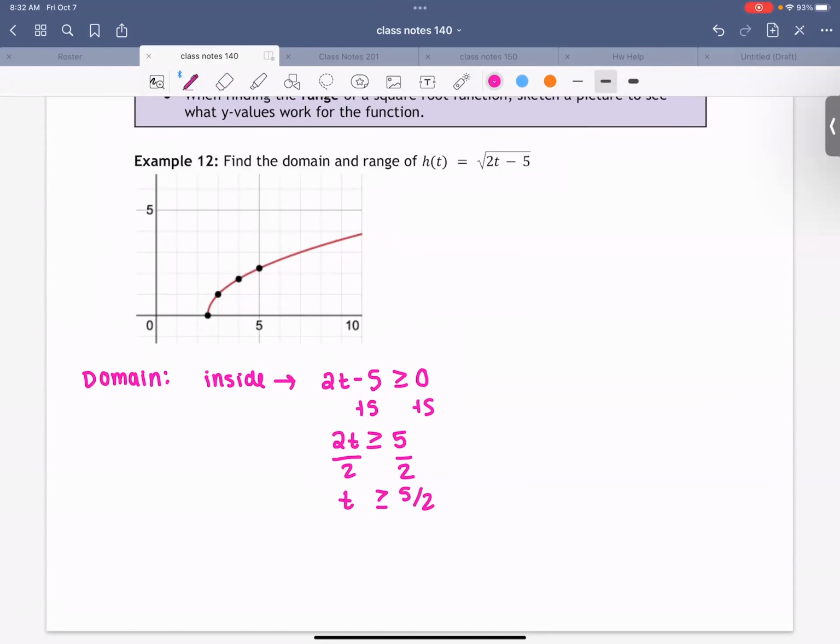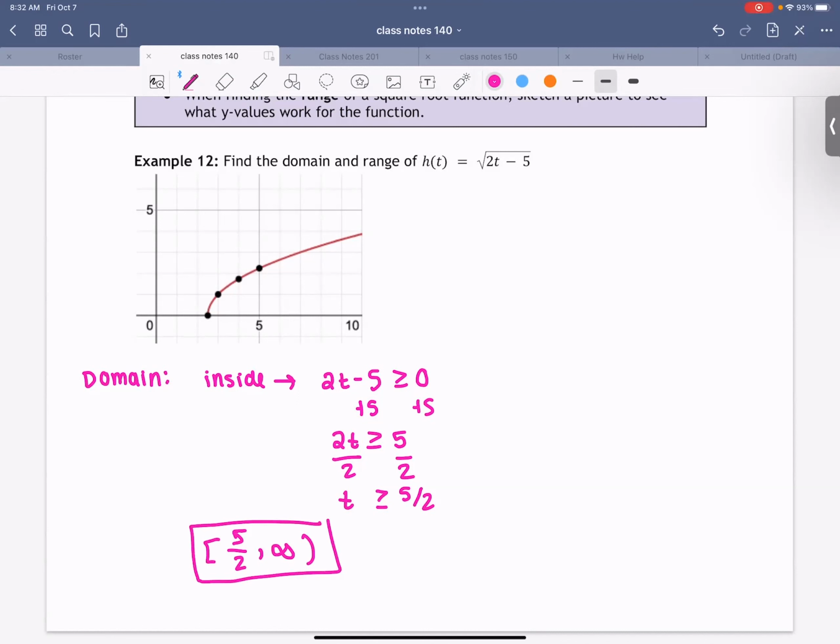Looking at this, and of course you can graph this out on a number line, can someone tell me in set builder notation what the domain is? Perfect. Am I putting a bracket or parenthesis around 5 halves? Bracket. And infinity always gets a parenthesis.